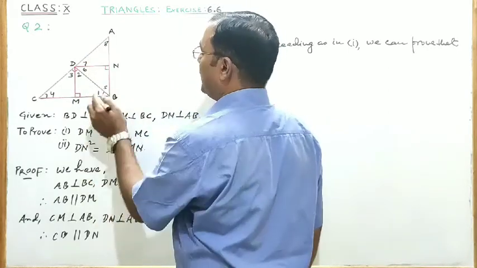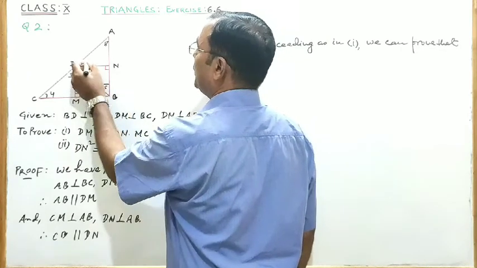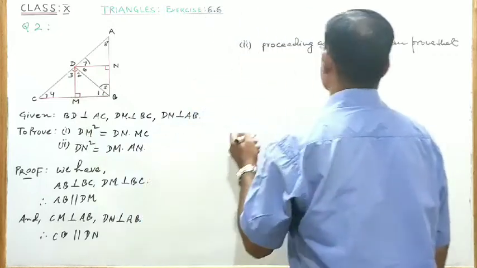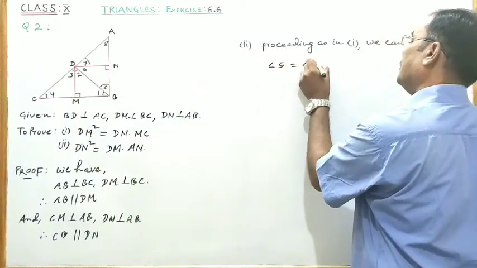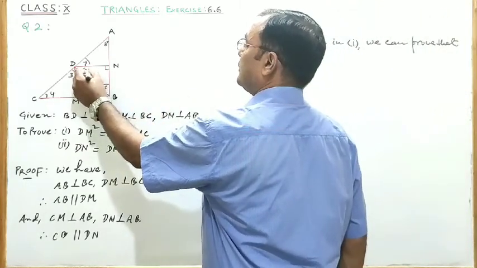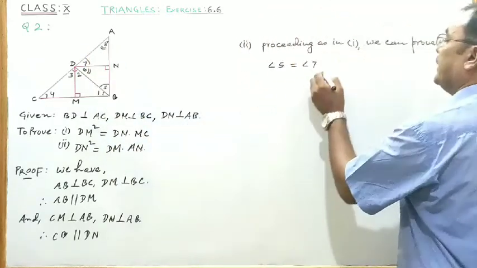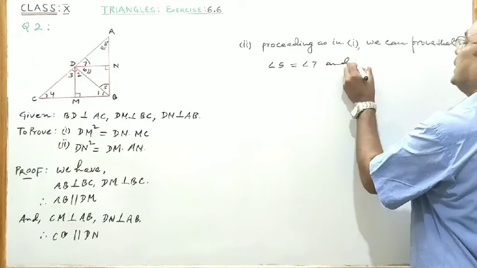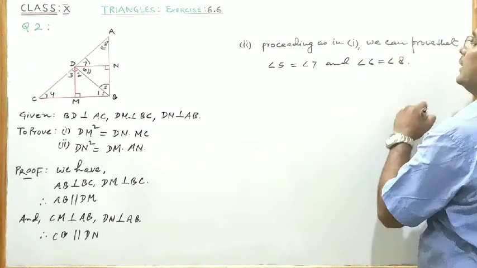So like first part, we can prove that angle 5 is equal to angle 7, and angle 6 we can prove equal to angle 8.